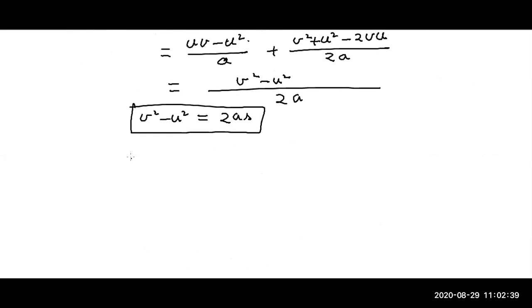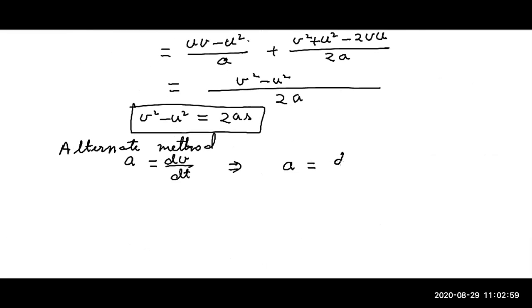Suppose we know that acceleration, an alternate method for deriving this. Suppose we have acceleration equal to dv by dt. We can write this dv by dt as dv by dt into ds by ds, and this can be written as a ds. ds is what?